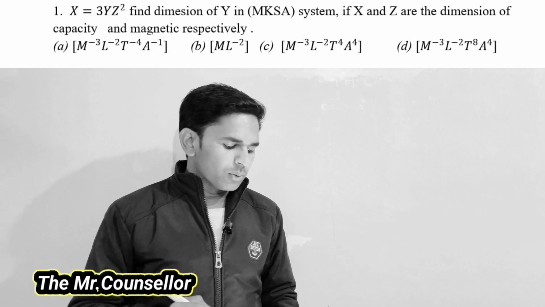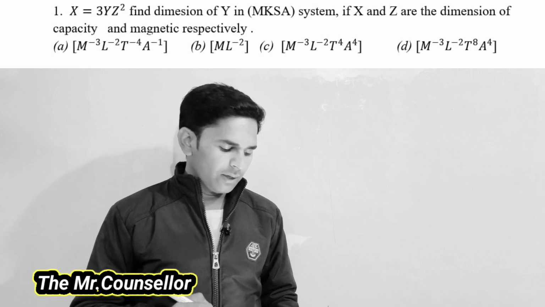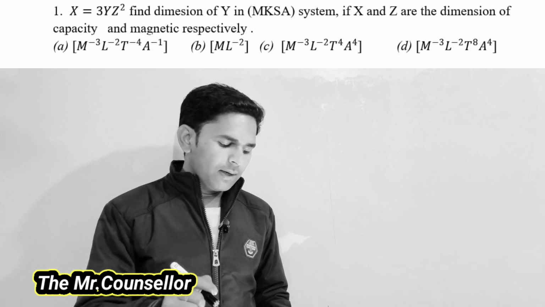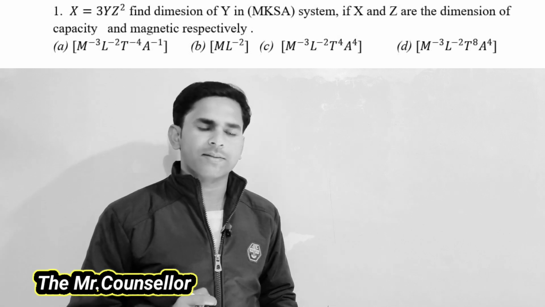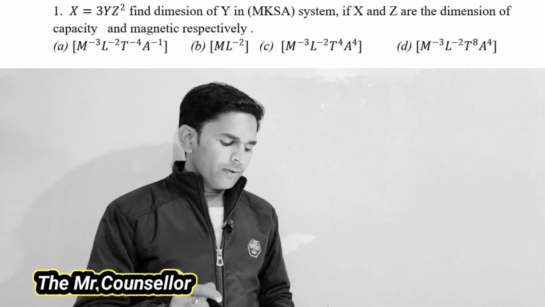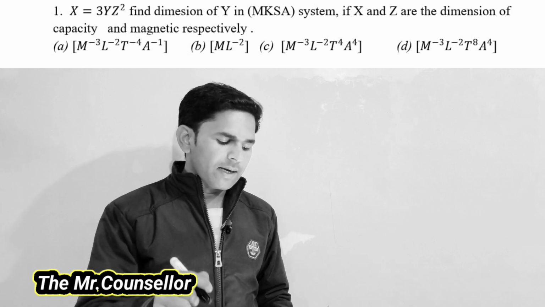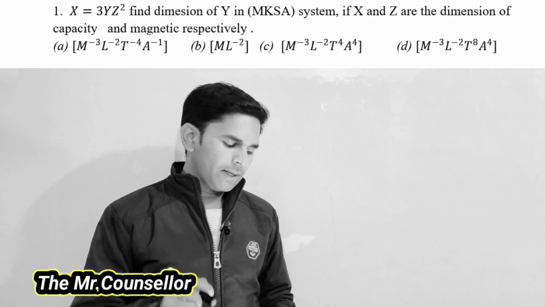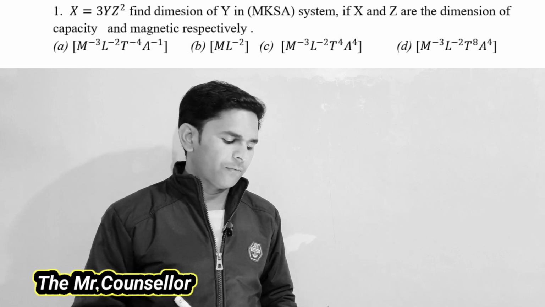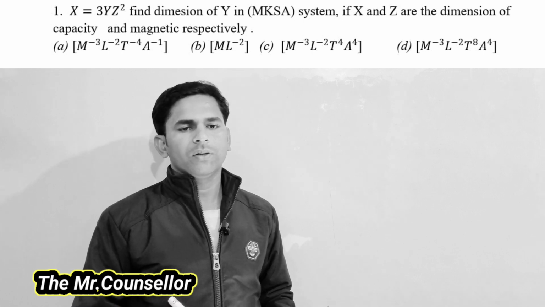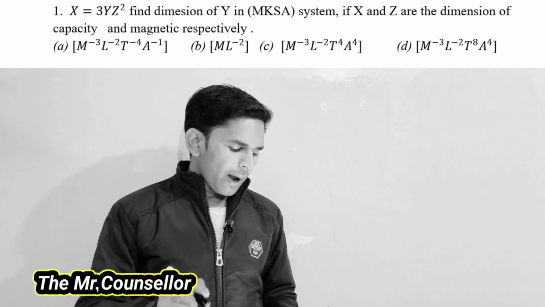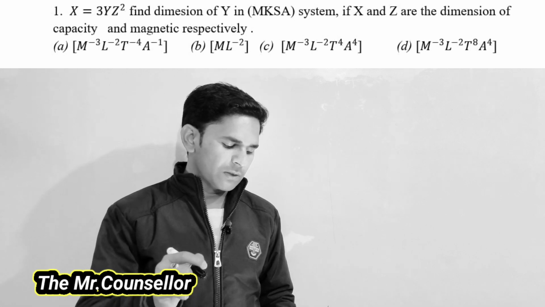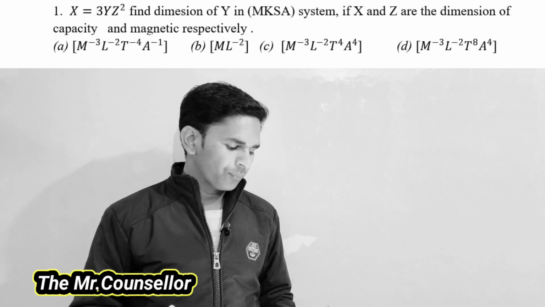X is equal to 3yz square. Find the dimension of y in the MKSA system, if x and z are the dimensions of capacity and magnetic field respectively. Option A is M minus 3 L minus 2 T minus 4 A minus 1.